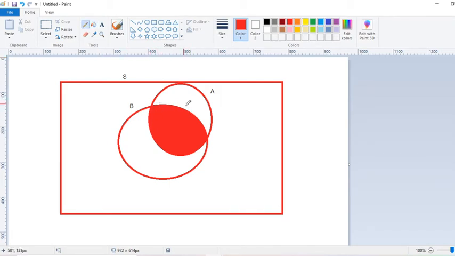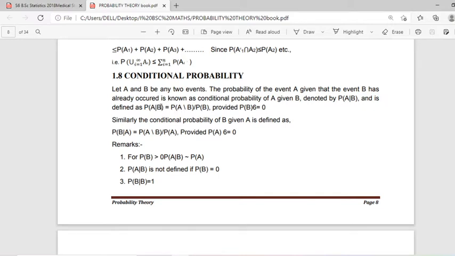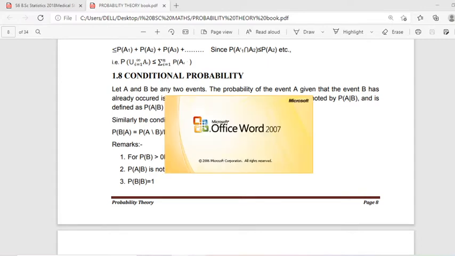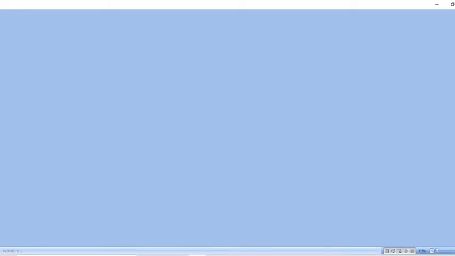So given B, what is the probability of A? That is what we are trying to find out. That is denoted like this, and you can write the probability of A given B as probability of A intersection B divided by probability of B.